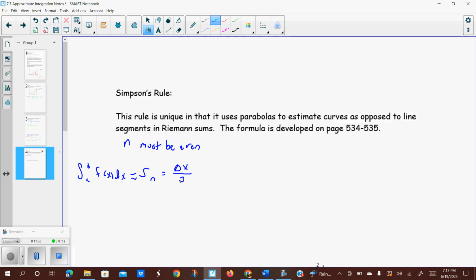Do not confuse this, because a lot of people will say delta x is found by taking the ends and dividing by 2. That is still the case. You still have to do that part, but then you still divide it by another 3. So another way to think of it might be b minus a over 6 if you want to, but I usually tell people to find it separately and hope that you all understand that.